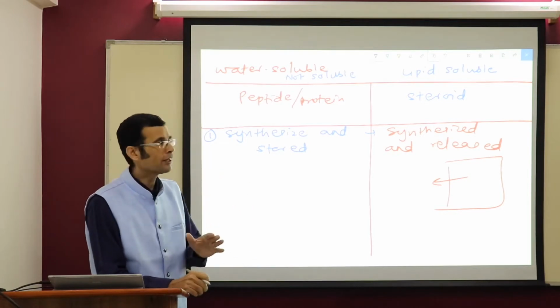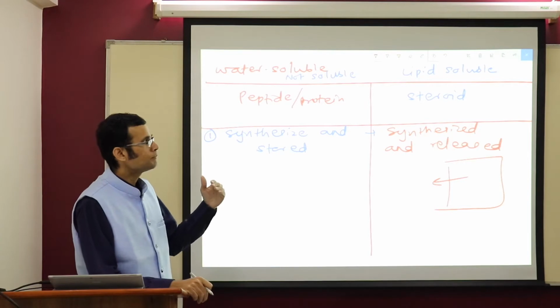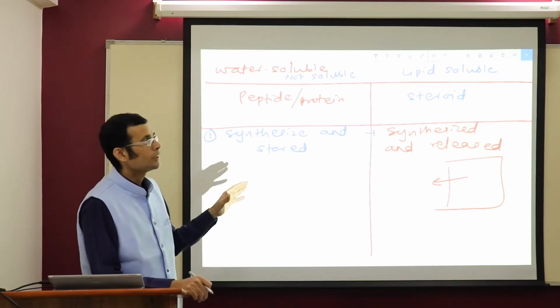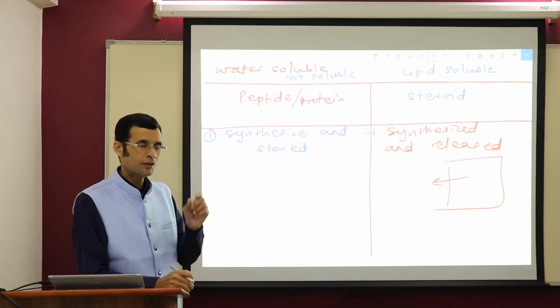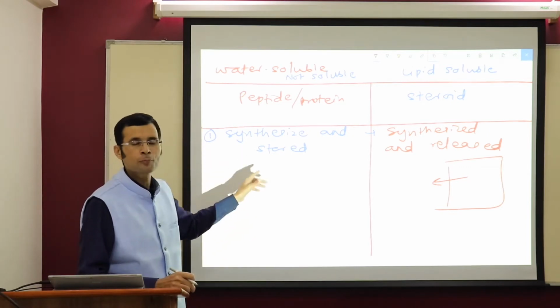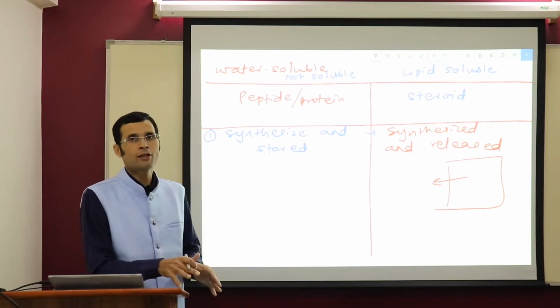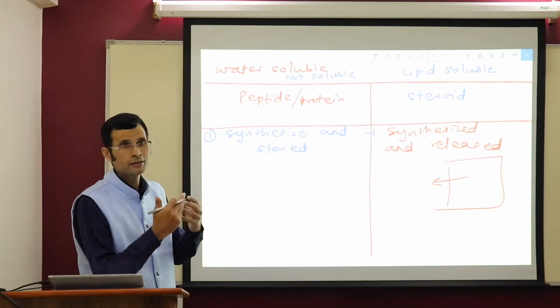Well, the point to be noted here is that the steroid hormones, since they can't be stored and later on released, the regulation is about their synthesis. This is a very important difference. In the case of peptide or protein hormones, their secretion is regulated. The stimulus will arrive and then they will be secreted.